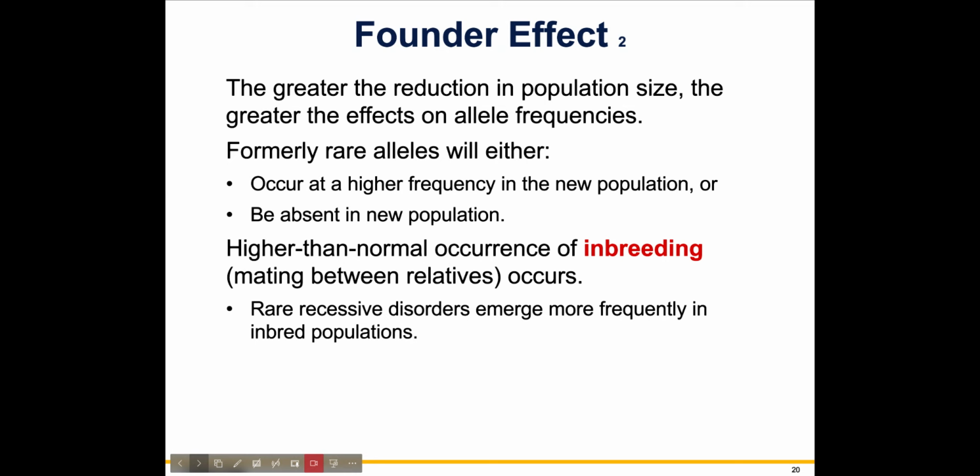Something else that can occur when we have this founder effect, if you think of it in the animal kingdom, you have a population of penguins, and then the iceberg they're on breaks, and a little group of the penguins drift away. That can have a founder effect. That's a new population, but they'll have higher than normal occurrences of inbreeding.